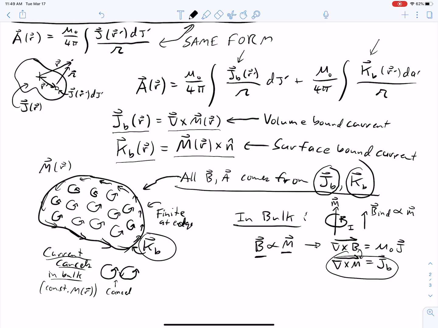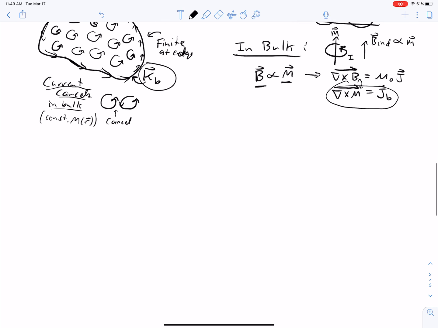I want you to see intuitively and physically that this makes sense. These currents are real. The bound current and the bulk current are real things. So that's how we think of that.